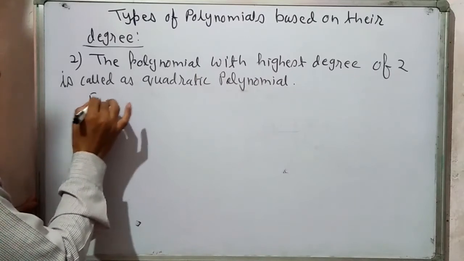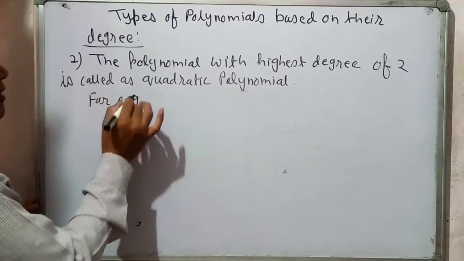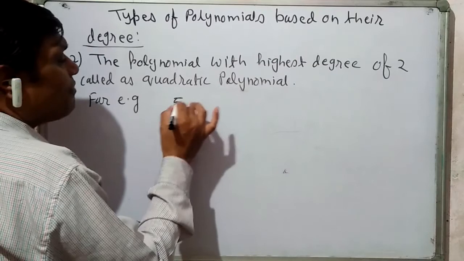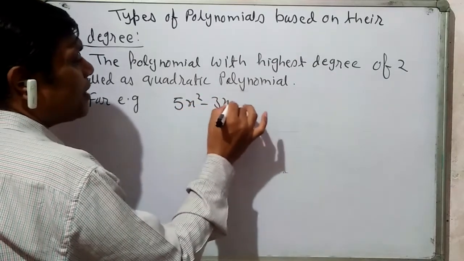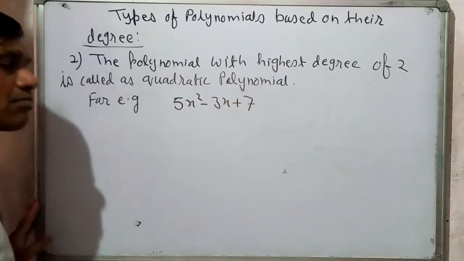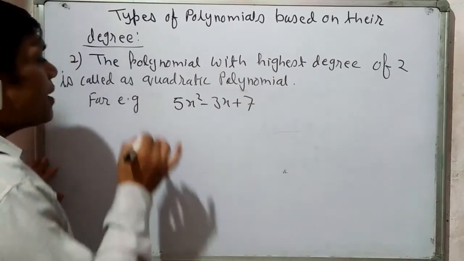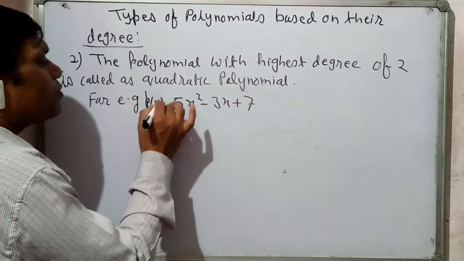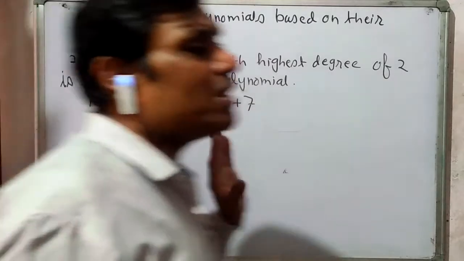Right? For example, if I take 5x square minus 3x plus 7, it is a quadratic polynomial. Quadratic means degree 2.